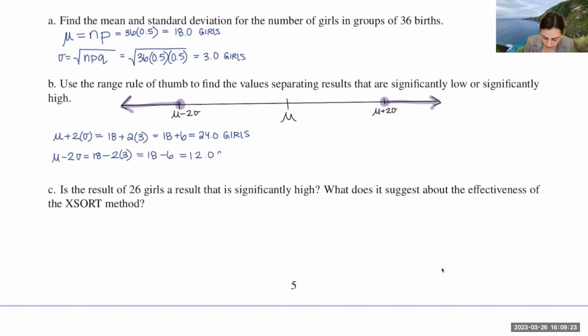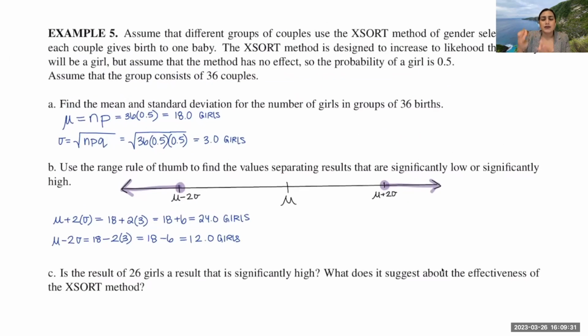If we're not using any method to help us have a higher likelihood of having a girl, then having 24 girls or anything above that in 36 births would be a significantly high number of girls. And if we have 12 or fewer in 36 births, that would be considered unusually low, an unusually low amount of girls.